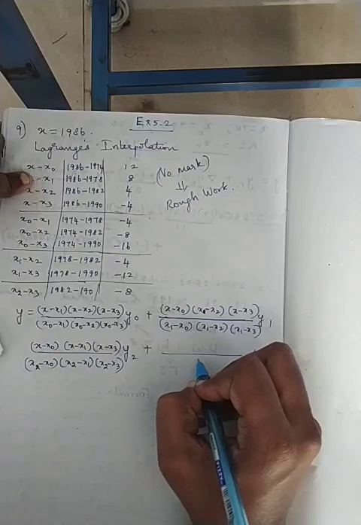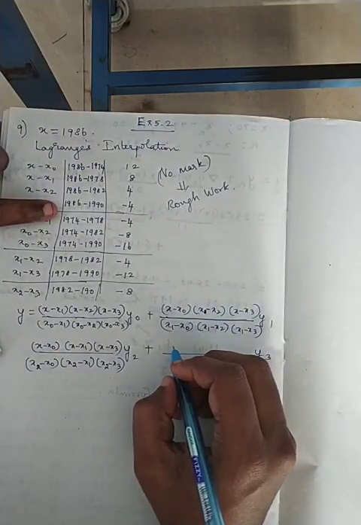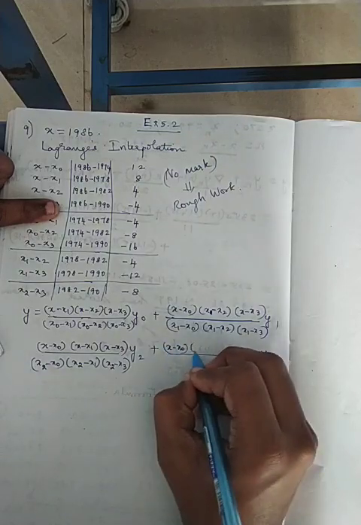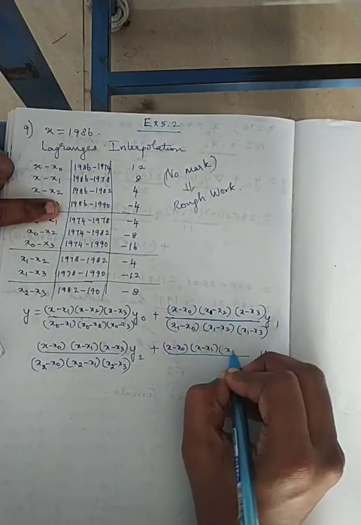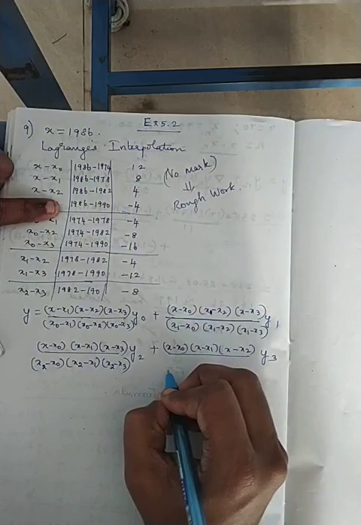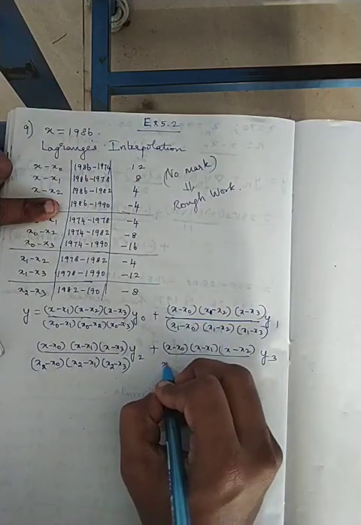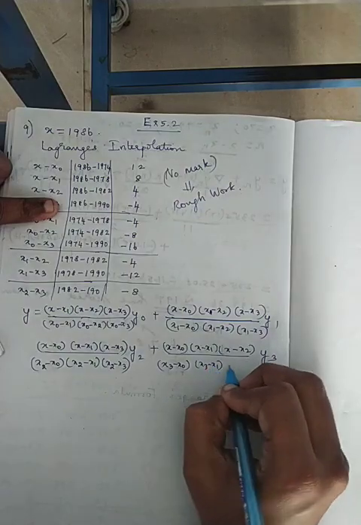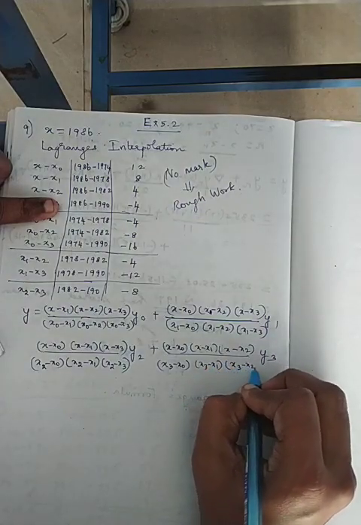What about this place? This place I don't want this x minus x3 alone. So I will be having only the other portion. First fix the numerator and then we come to the denominator. It is 3. So x3 minus x0, x3 minus x1 and x3 minus x2.